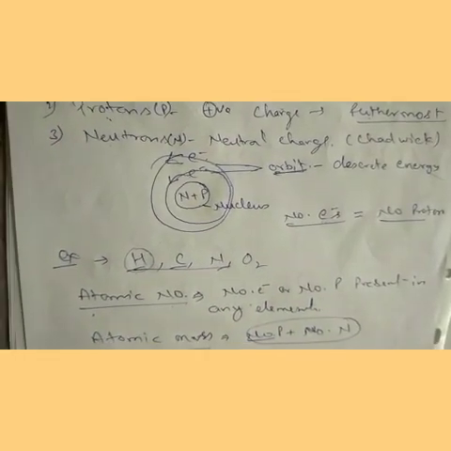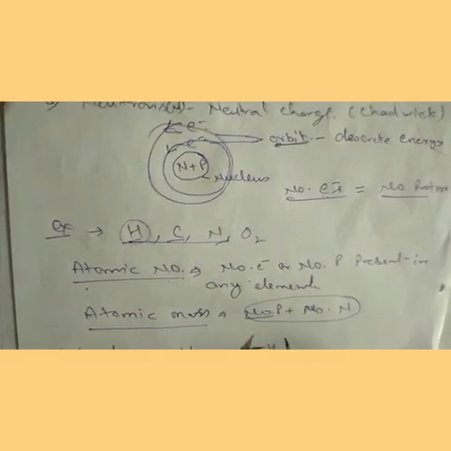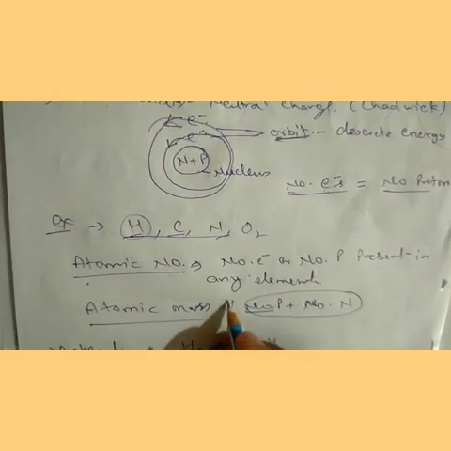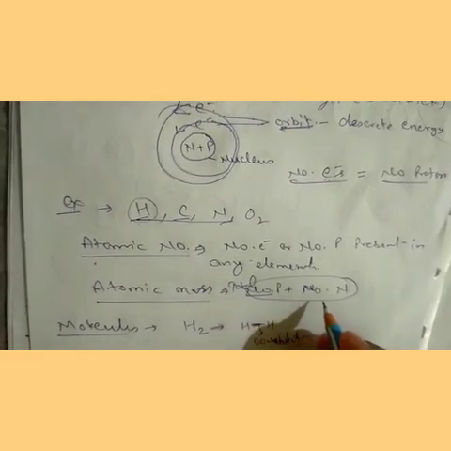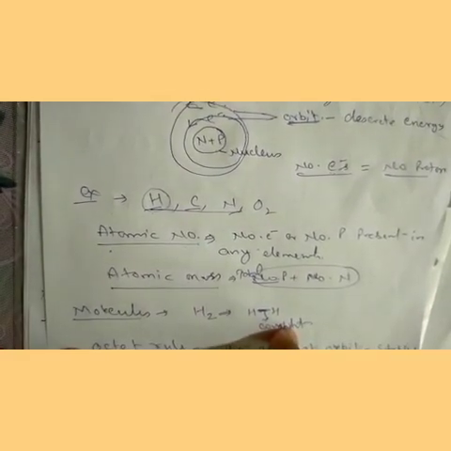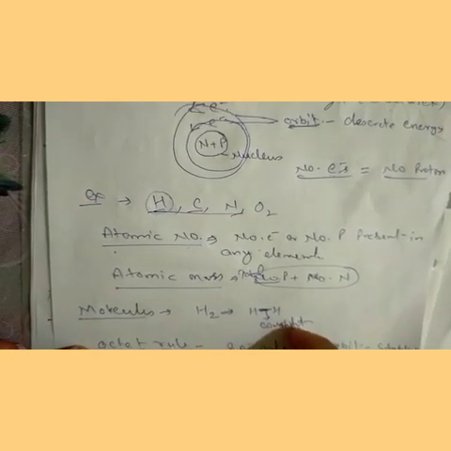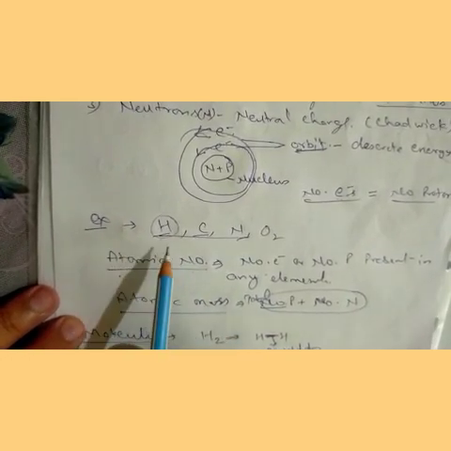Now going ahead, we call atomic mass. Atomic mass means the total number of protons plus neutrons available in the nucleus. That will give us atomic mass, right? So these atoms are single entities.